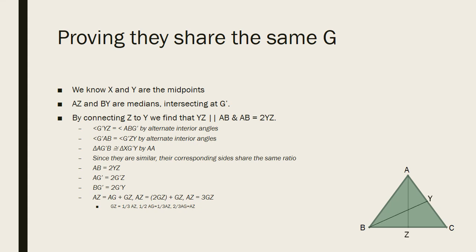Well, what we had just shown, if we look at the two medians BY and AZ, we similarly get that the point G prime divides these medians into 2/3, where the point G prime is 2/3 along the way of BY and 2/3 along the way of AZ. This is going through a similar process to what we did to show BY and CX.